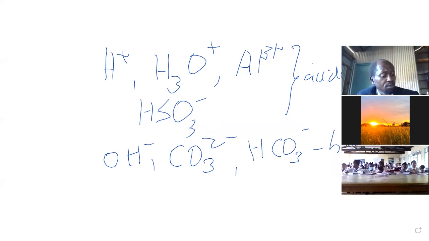Because in the previous years, 2016, there was a test where under inorganic chemistry they added universal indicator. And one of the inferences was that the solution was weakly basic, and the inference expected was hydroxide, carbonate, hydrogen carbonate.